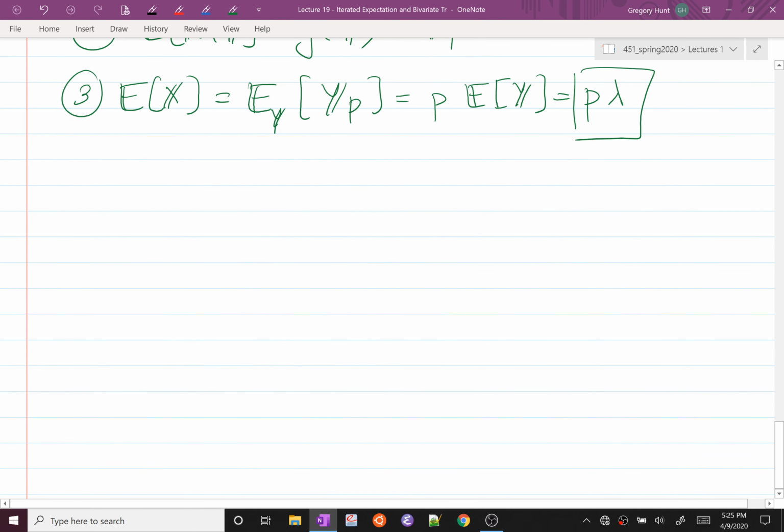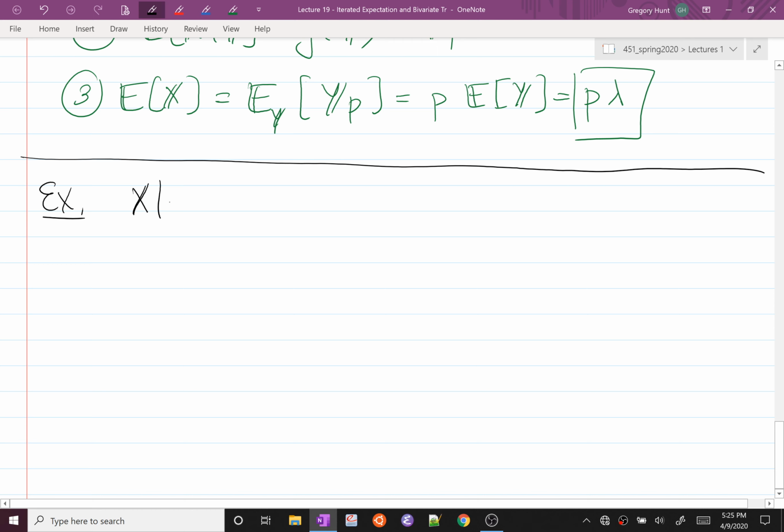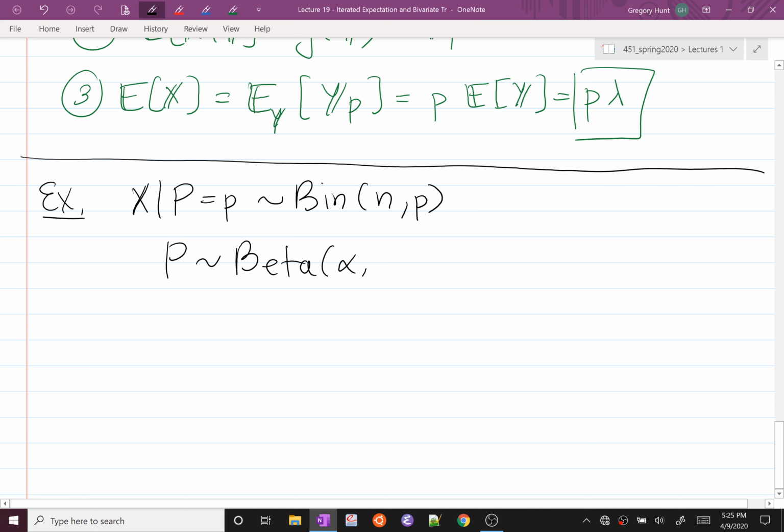Okay, let's continue on. Let's do another real quick example. I'll show you how nice this theorem is. Example: x given some other random variable p is a value little p, we're going to say is a binomial n, p. So now p is kind of random. Marginally, we're going to say p has a beta distribution with some parameters alpha and beta.